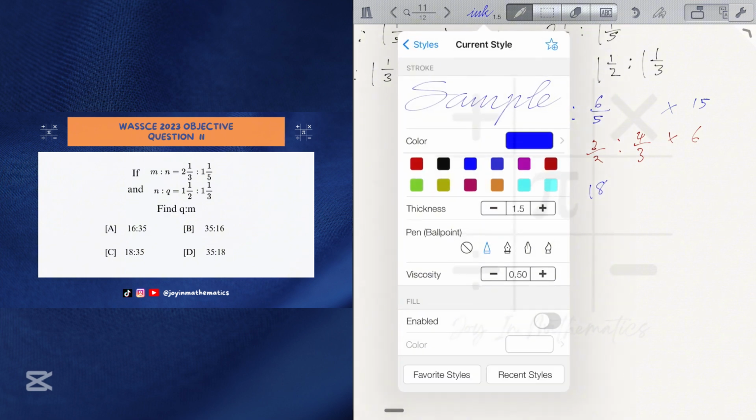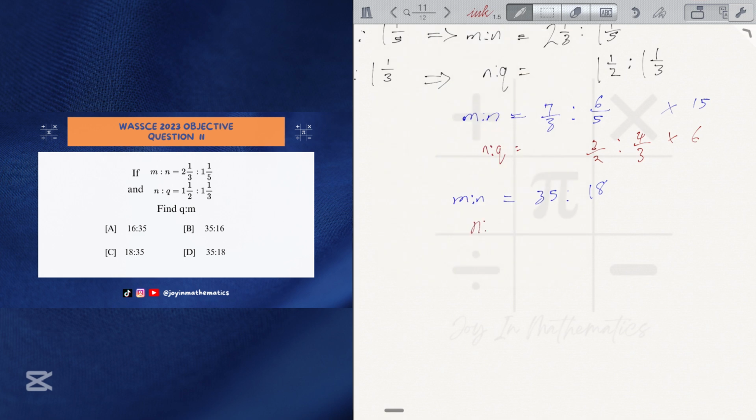In the same vein, for n ratio q, multiplying 3 over 2 by 6, we are left with 9, and multiplying 4 over 3 by 6, we are left with 8.